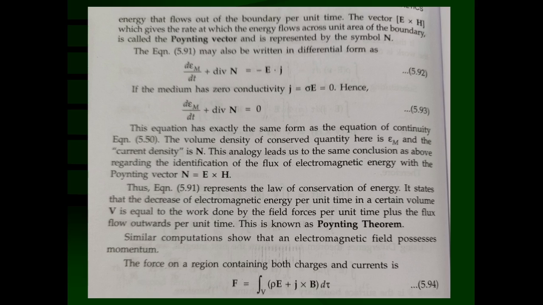If the medium has zero conductivity, that means the medium is a non-conductor, then J is equal to 0. So in that case, we can write minus E dot J is equal to 0.